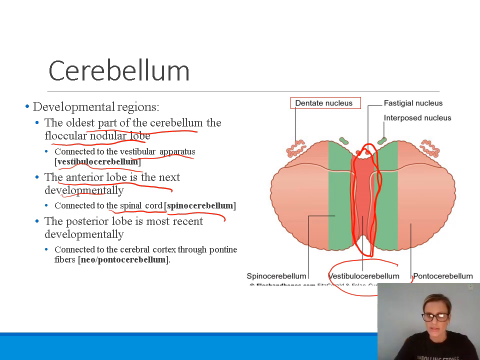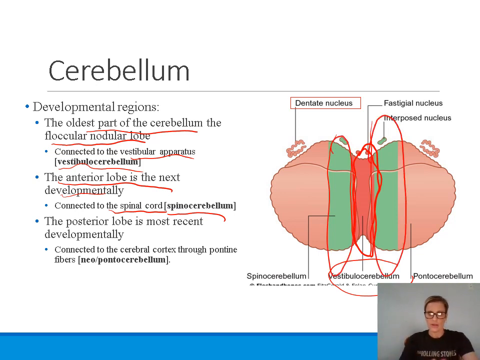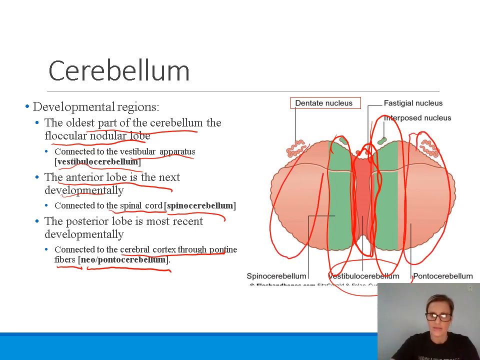Then the spinocerebellum is what you see on either side of that in green. That was next to develop. And then the posterior lobe is the most recent developmentally, and it's connected to the cerebral cortex through the pontine fibers. So we call it the pontocerebellum or neocerebellum, and that is on either side like this.